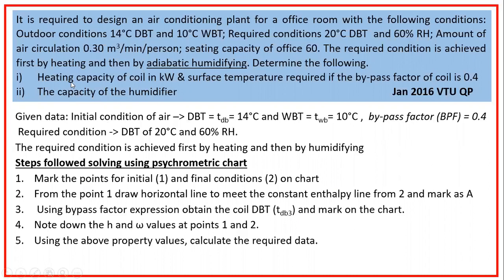So we need to determine the heating capacity of the coil as well as surface temperature if the bypass factor of the coil is given. And the next is the capacity of the humidifier.